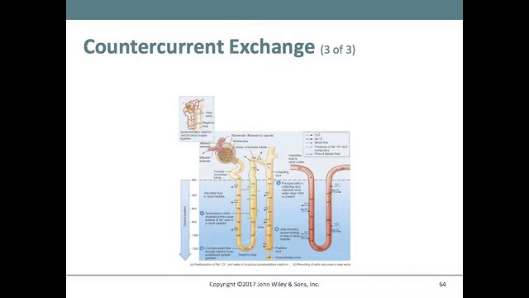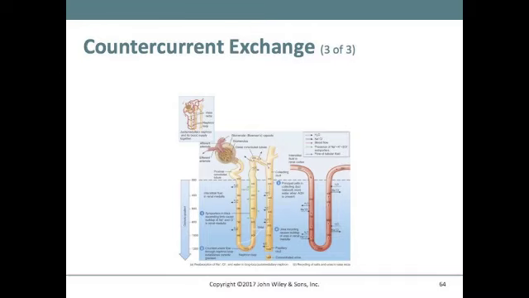So again, this cartoon is outlining the formation of concentrated urine, and the formation of concentrated urine depends on a high concentration of solutes in the interstitial fluid in the renal medulla. At step 1, the symporters in the thick ascending limb cells of the nephron loop cause a buildup of sodium ions and chloride ions in the renal medulla.